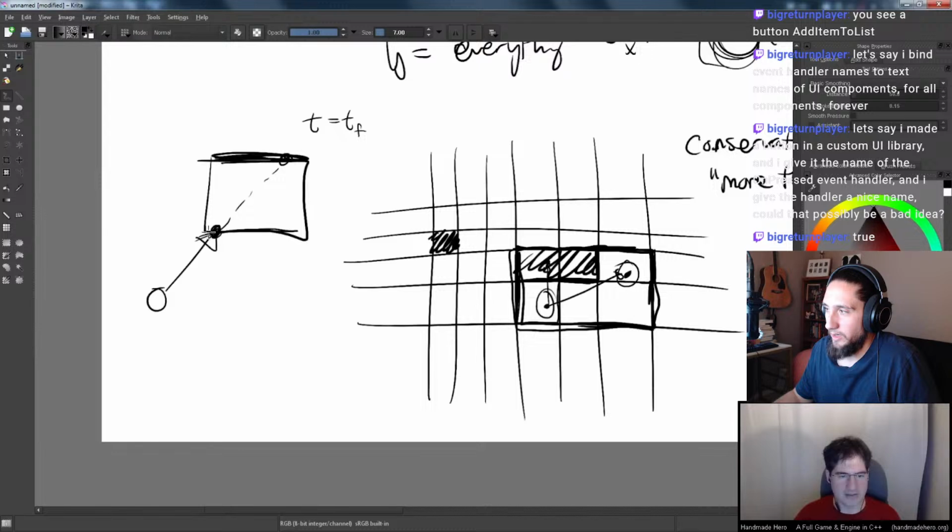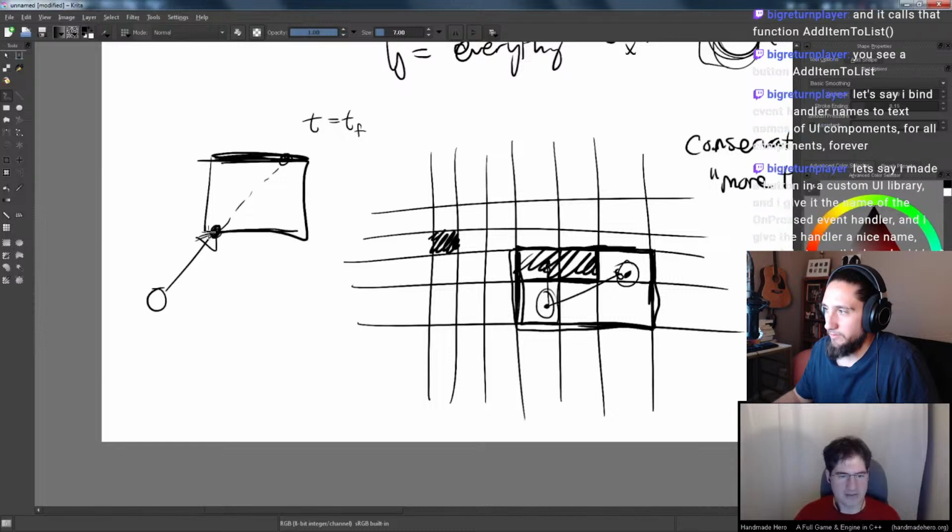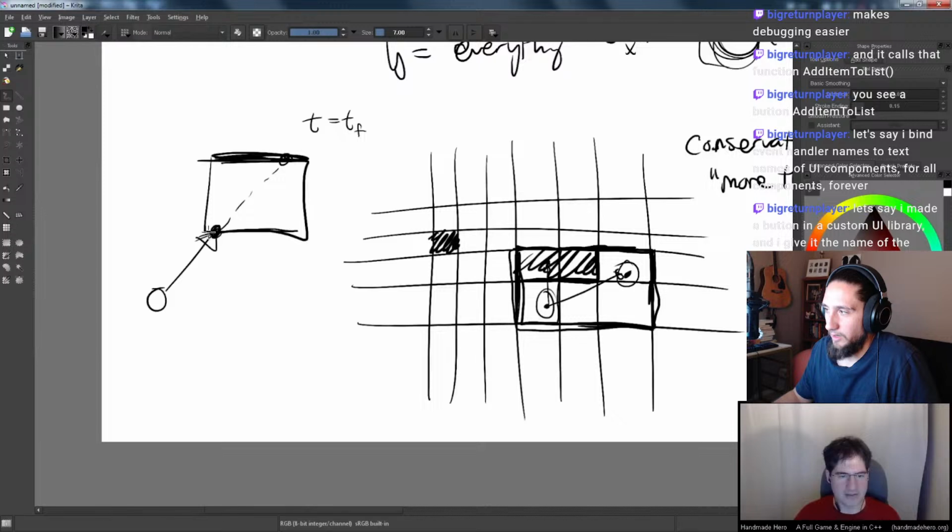Yeah, I see a button, add item to. I don't know why I would name a button after a functionality, I guess. Yeah, so there's some UI button and its purpose is to add an item to a list. And it calls that. Makes debugging easier.